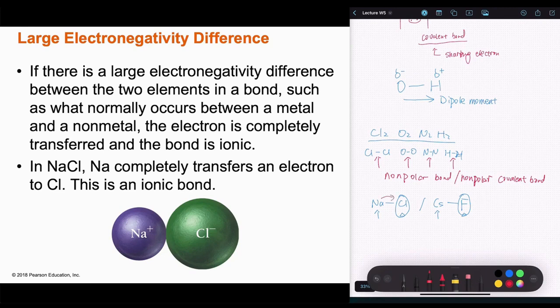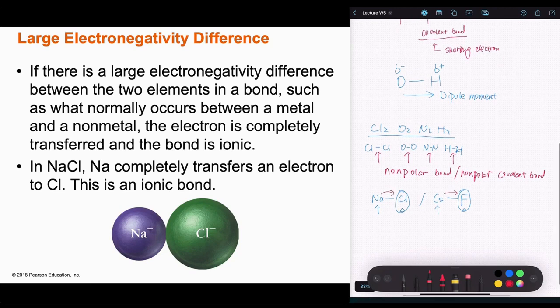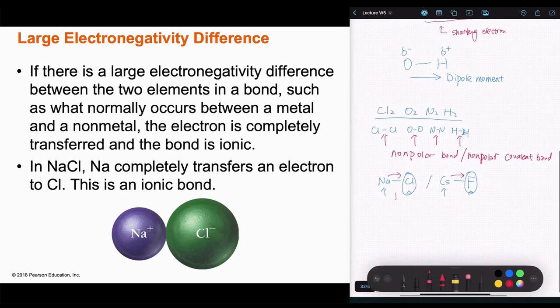The electrons are completely transferred, and as a result we get a positive ion, which means the electrons are completely lost by the metal and gained by the halogen element. Cesium is the same thing. Cesium's electrons are completely lost because the electronegativity of fluorine is much larger than that of cesium.